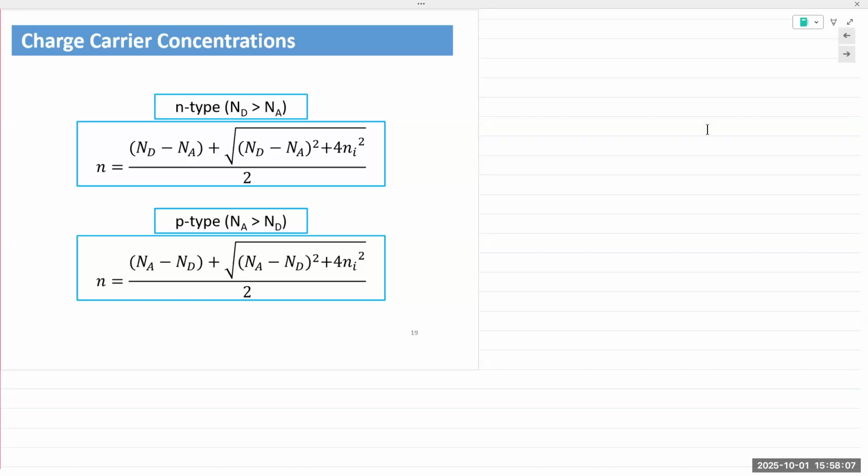So N is the number of carriers, yes. That's a good point. It gets very confusing because the same letter and symbol is used for multiple things. In this case, yes, the N simply stands for the number of charge carriers.